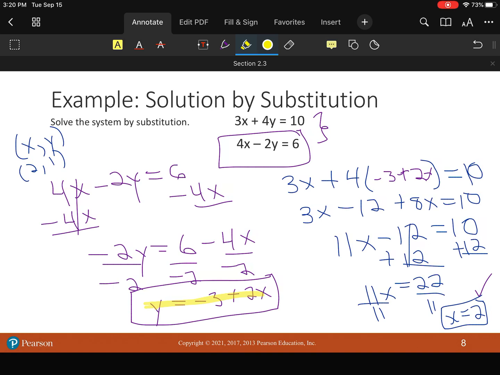We're going to keep the y. Going to keep that negative 3 plus 2 times 2, which is negative 3 plus 4, which is indeed 1. So y equals 1.